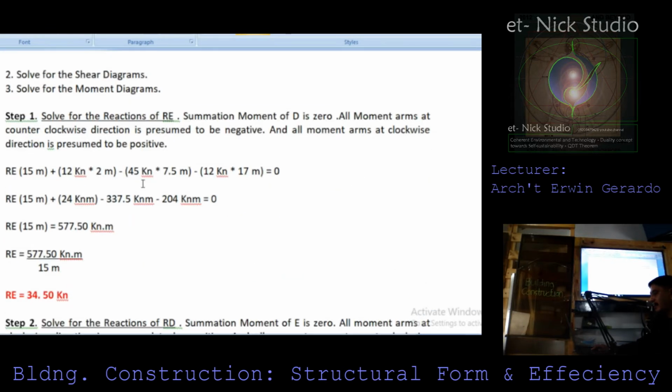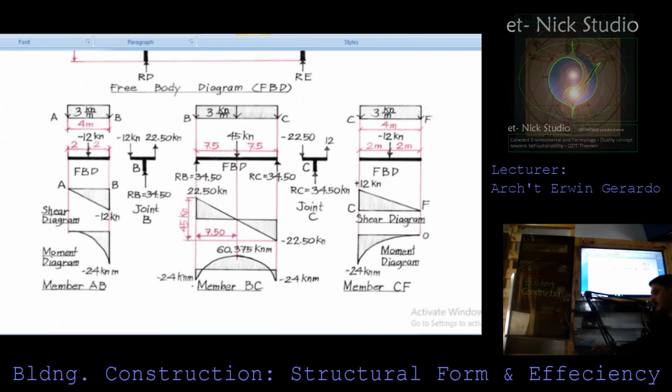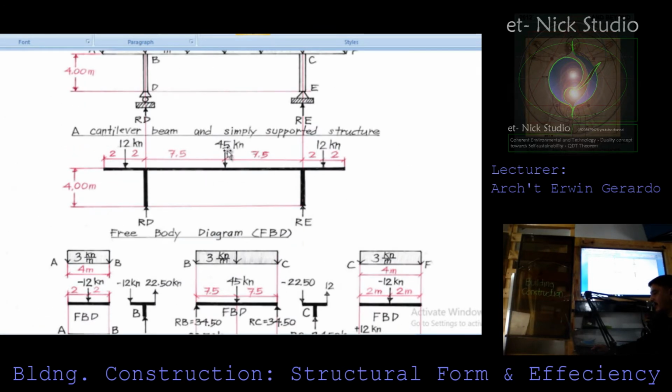Then you have the negative convention times the distance, which is 7.5. So here, from 45 kilonewton until it reaches this direction, which is actually 7.5, is presumed to be negative.